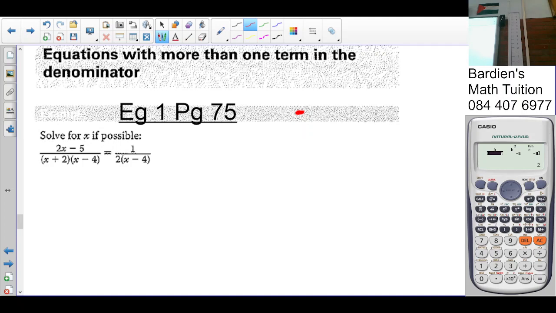Secondly, find an LCM. Thirdly, determine your restrictions.